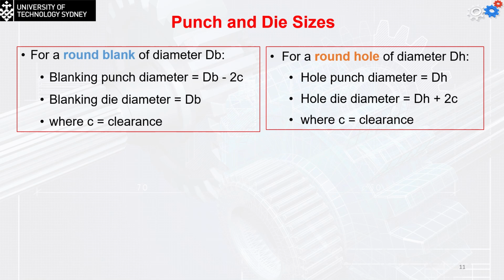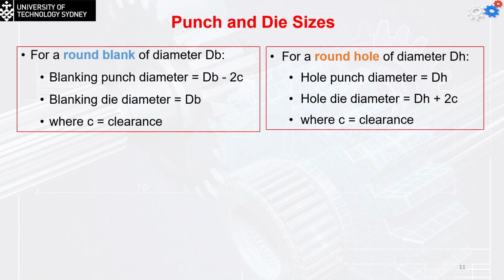Db is the blank diameter. The blanking die diameter is going to be equal to the same diameter of the blank I would like to have. C is the clearance. For the round hole, the hole punch diameter is going to be equal to the diameter of the hole I would like to have, while the hole die diameter is going to be the diameter of the hole plus 2 times the clearance.